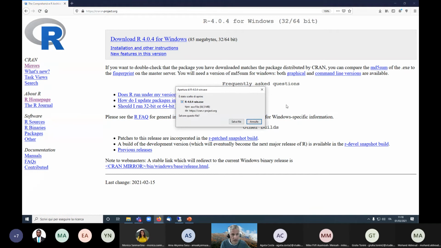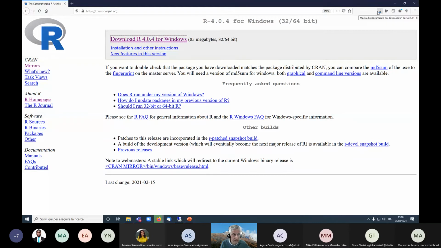Okay, and I would say I click on Save File. Sorry, it's in Italian, my PC. Save File. And now it's downloading. I am using Firefox as browser, so I see the progress of the download in the taskbar.